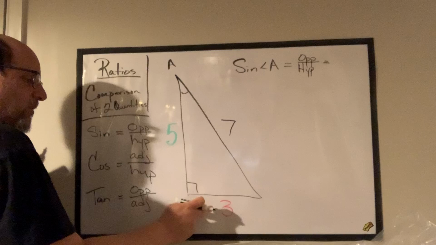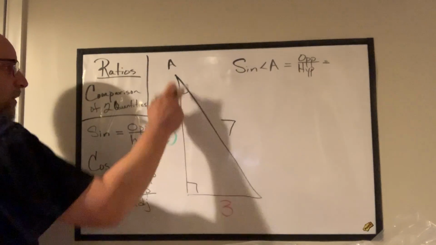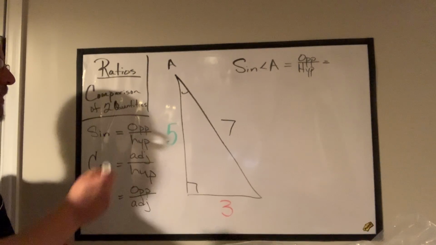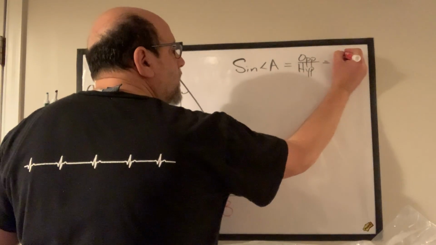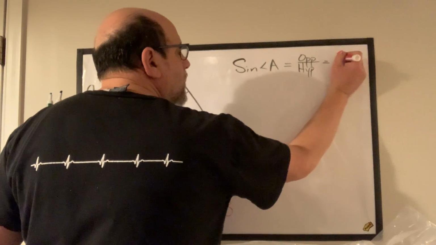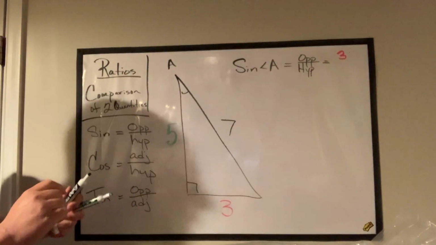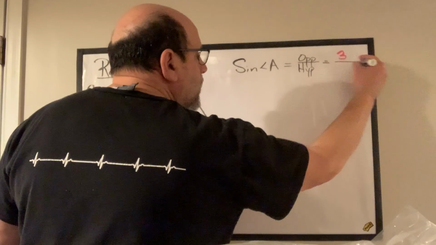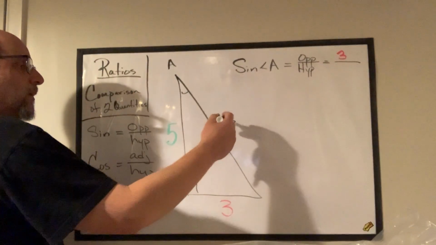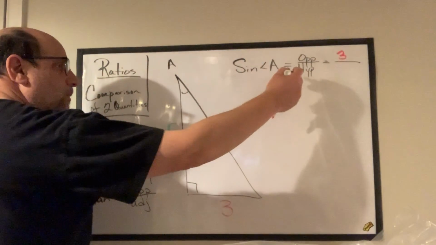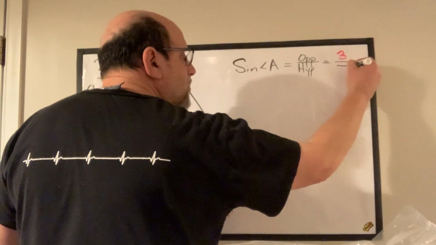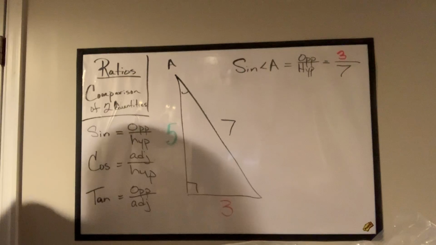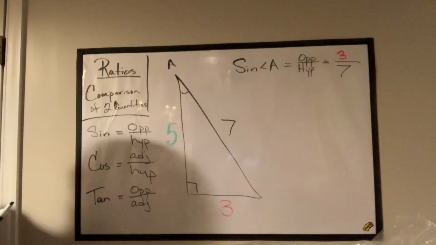The side opposite of angle A, all the way down here, is 3. So we'll give that a 3. Okay, so far so good, right? And then we'll say, well, it's compared to the length of the hypotenuse, which is 7. Okay, so we have that, and we're so far so good.